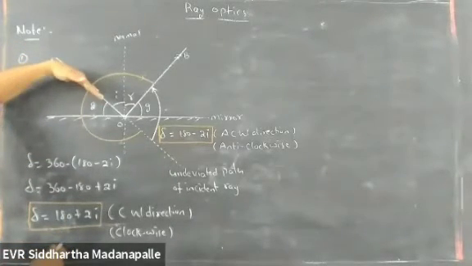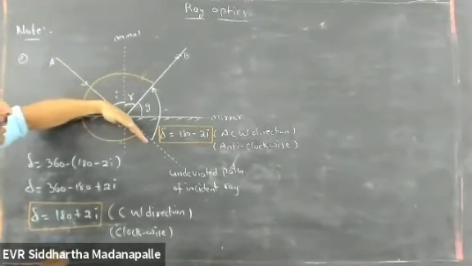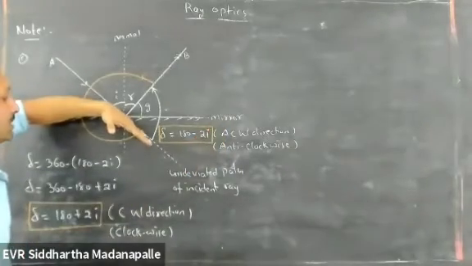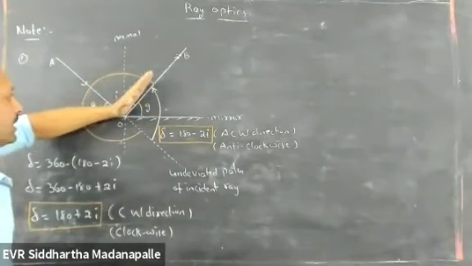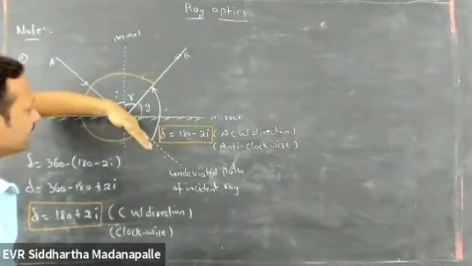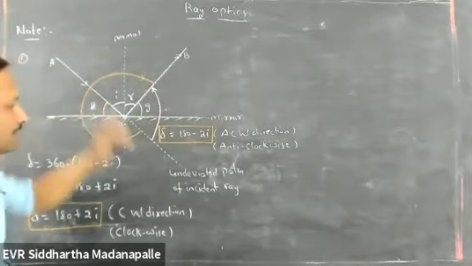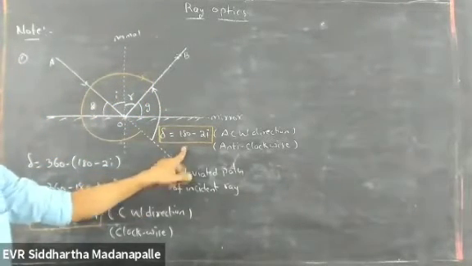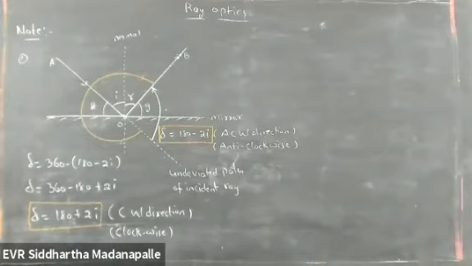The incident ray is actually traveling in this direction, but due to the presence of the mirror, it has been deviated in this direction. So whatever we are taking as the angle of deviation here is in the anti-clockwise direction. So what is the formula for the angle of deviation in the anti-clockwise direction? 180 minus 2i, or else we can say 180 minus 2r also.